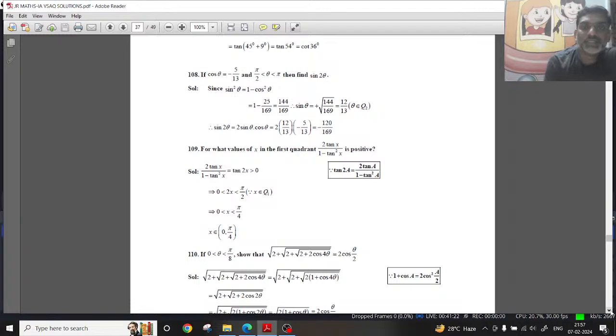So tan 2x is greater than 0, right? Tan 2x is greater than 0, so 2x lies between 0 and 90, so x lies between 0 and pi by 4. Okay, clear?